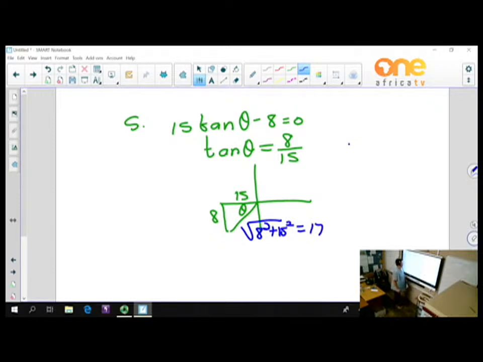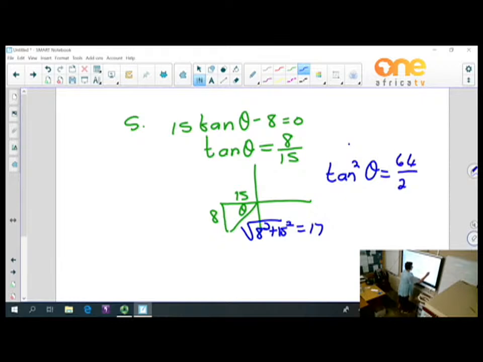So now we have to find tan squared theta. So tan squared theta is equal to, we just have to square those two. They don't want the angle. So this is 64 over 225. The second one is sine squared theta plus cosine squared theta, and this is equal to 1. This is a formula that we learn.